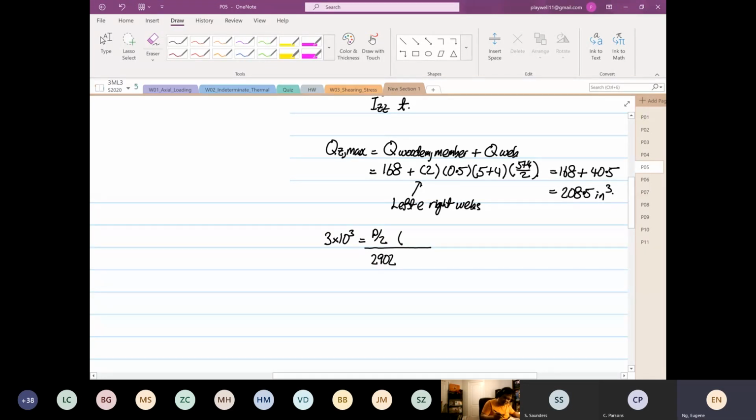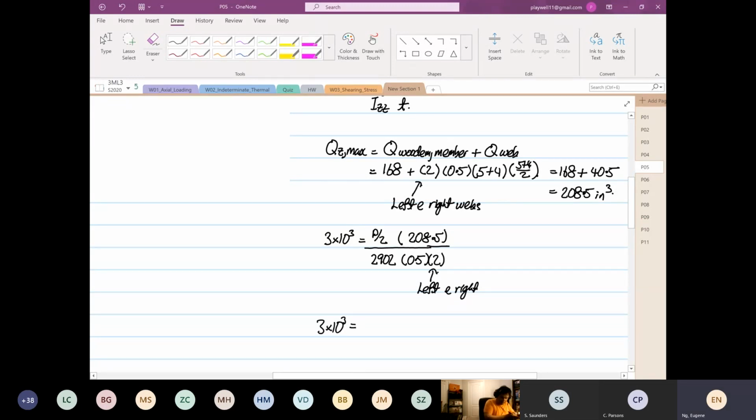The thickness is 0.5. You have to put 2 down here because you have left and right. So this will be equal to 208.5 divided by 2, divided by 2902 divided by 0.5 divided by 2.